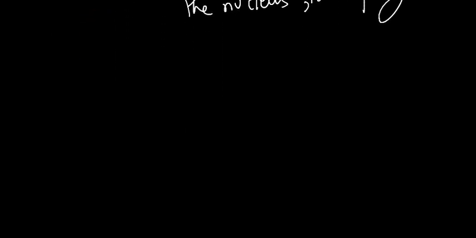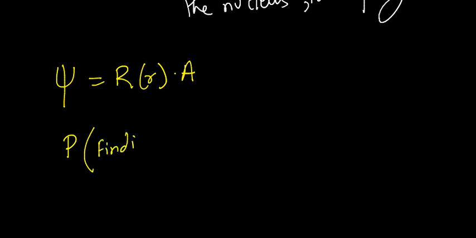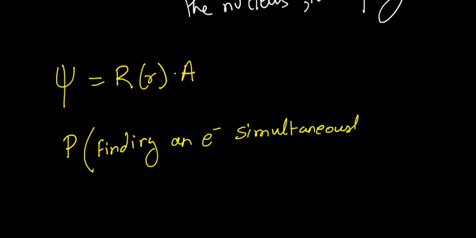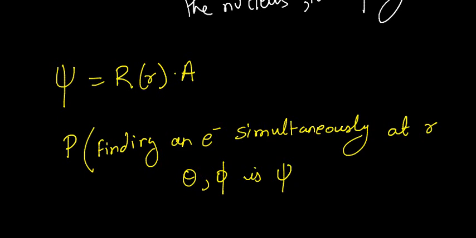Thus, the total wave function, that is psi, equals R into A. Thus the probability of finding an electron simultaneously, let us assume at a distance r, which we have assumed, and in a given direction, that is theta comma phi, is psi square r theta phi.